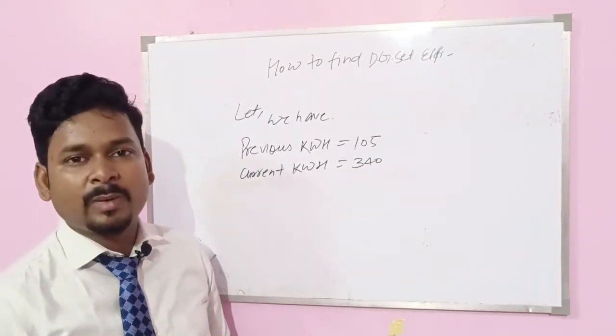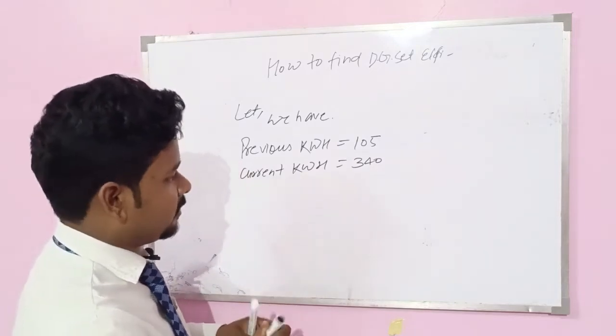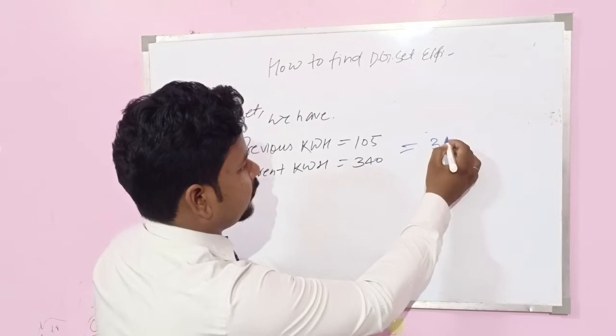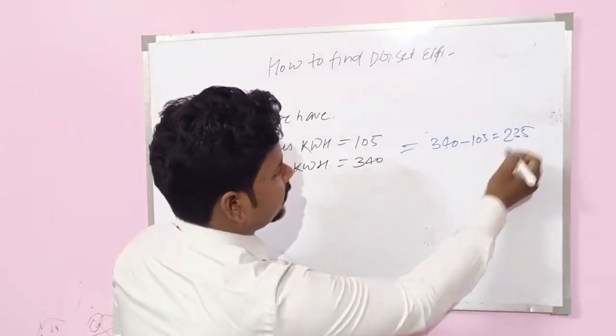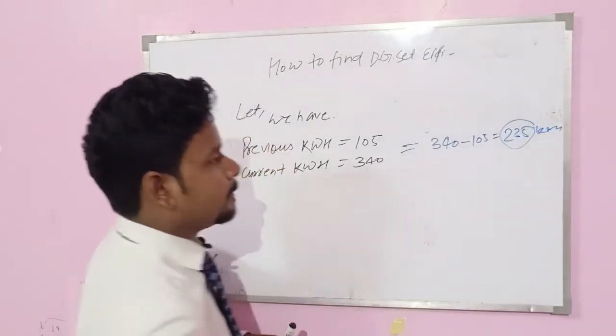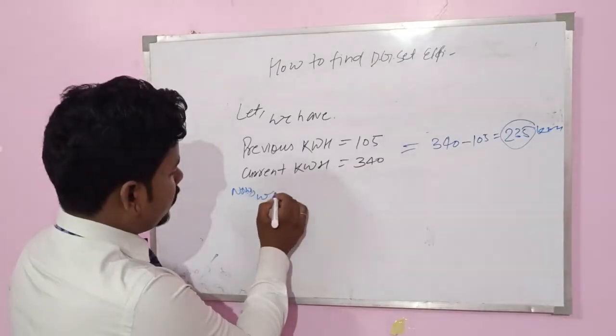Then first we have to subtract the previous kWh from the current kWh. So 340 minus 105 equals 235 in kWh.